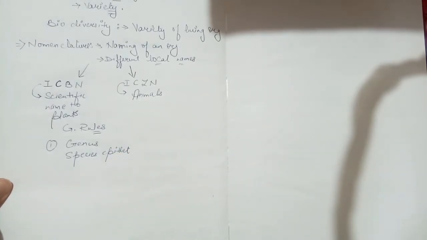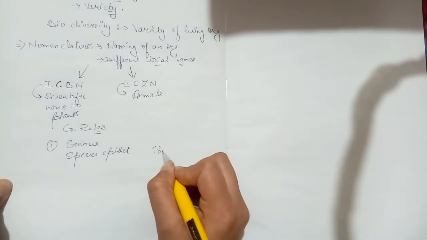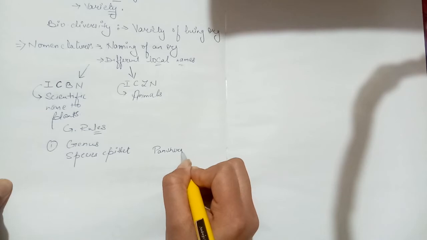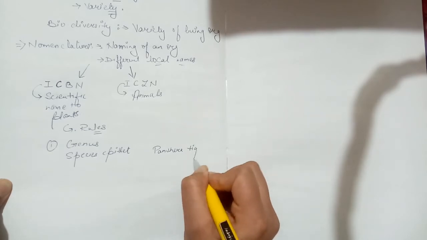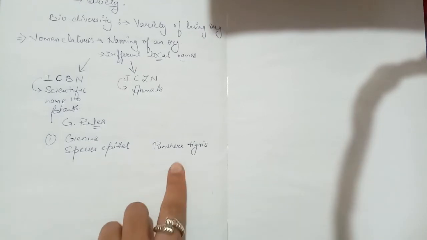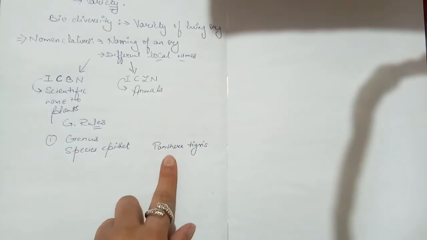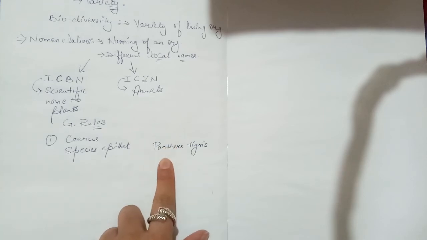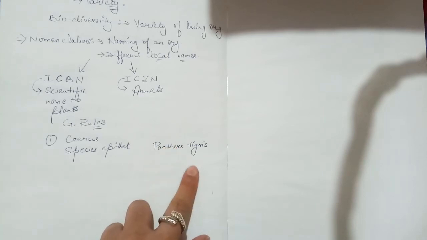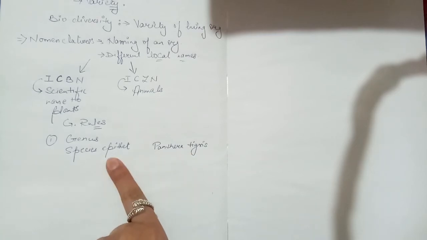For example, if we take a common example, Panthera tigris is the scientific name of tiger. The first word, Panthera, is the genus, while the second word, tigris, is the species epithet.